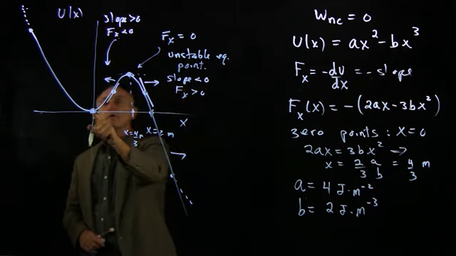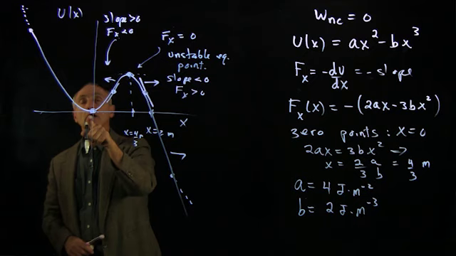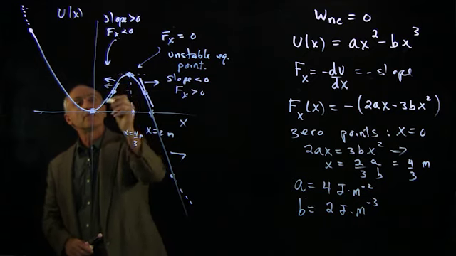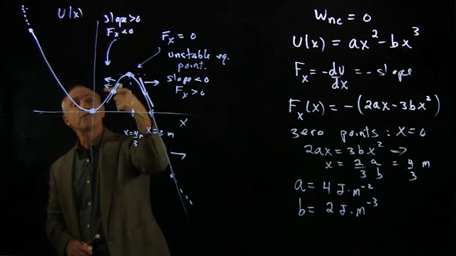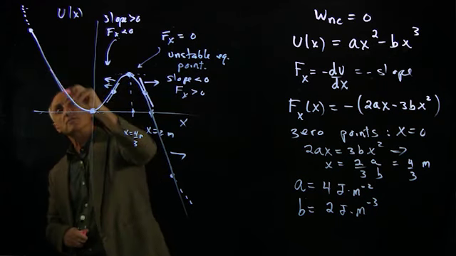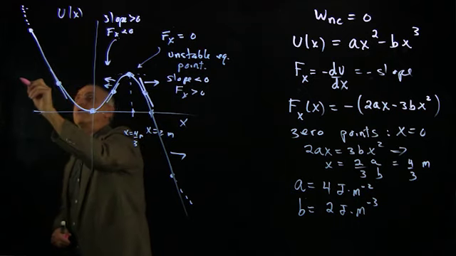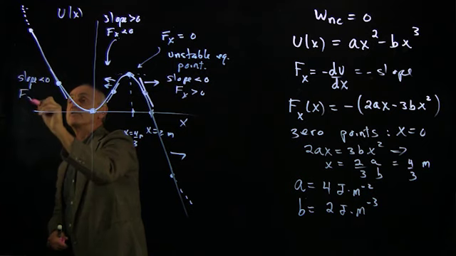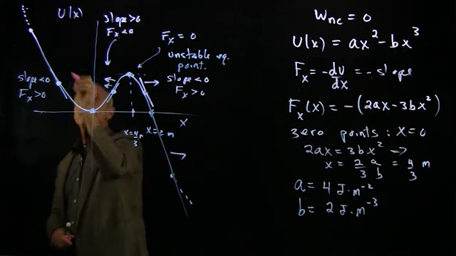Now, what about this zero point over here? We already know that if a particle is on this side of the zero, it feels a force this way. But what if our particle were on this side? Once again, we analyze the slope. The slope is negative. Force is minus the slope, so it's positive.